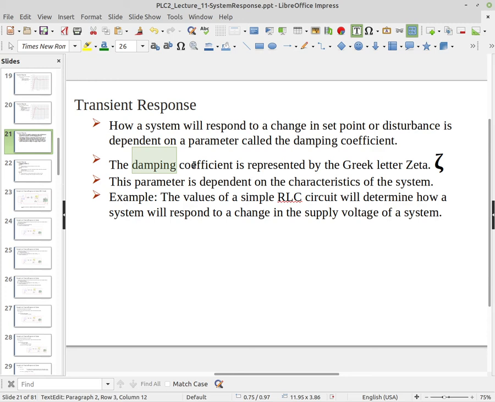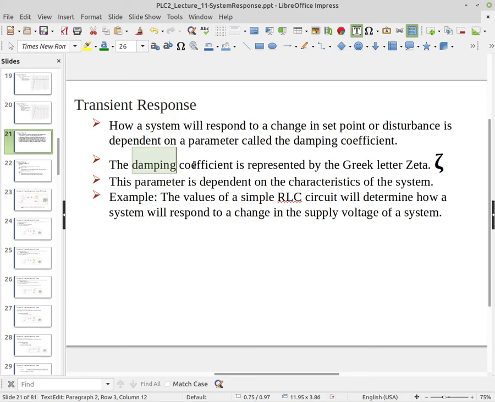Alright, so if it's bouncing around a lot, what that's saying is there's not much friction or resistance in the system. The system can just sway back and forth due to just a little bit of a push from either the set point change or from a disturbance, and the system can start swaying around very, very easily.